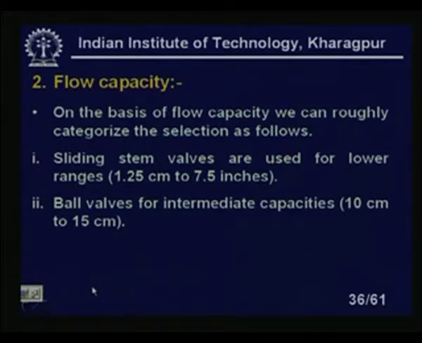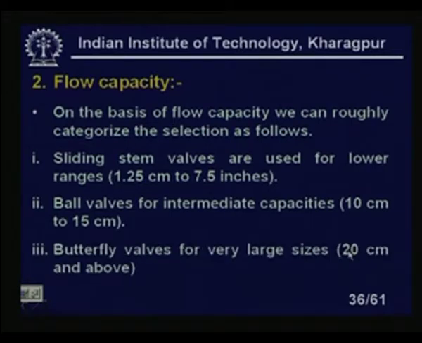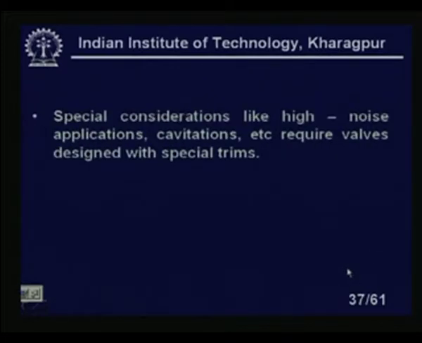Ball valves in intermediate capacities, it is coming at 10 centimeter to 15 centimeter. Butterfly valves for very large sizes, 20 centimeter and above. Special considerations like high noise applications, cavitation etc. require valves designed with special trims. Okay. Trims, as I told you, is an entire assembly we are talking about.